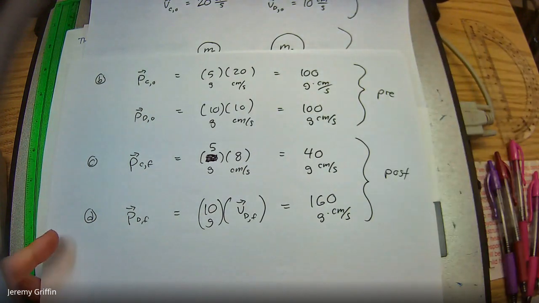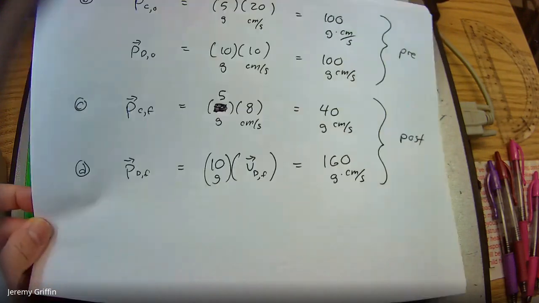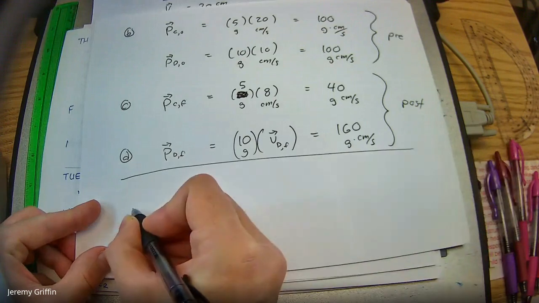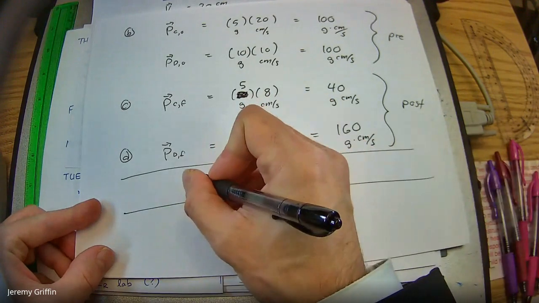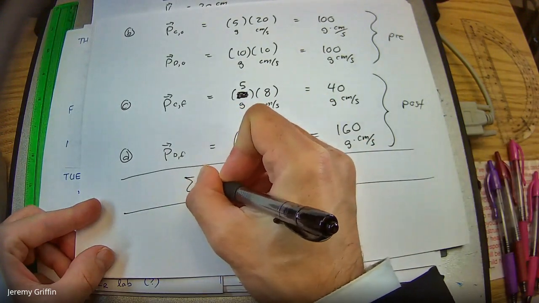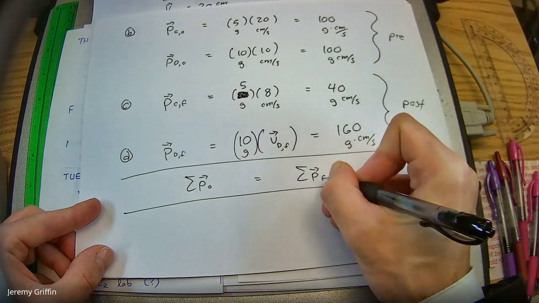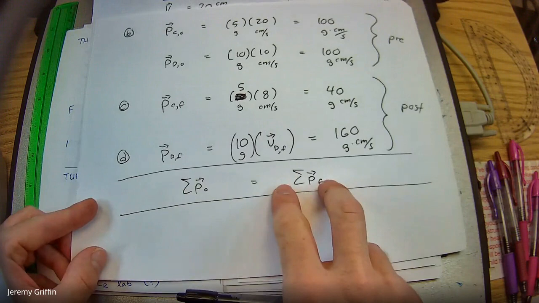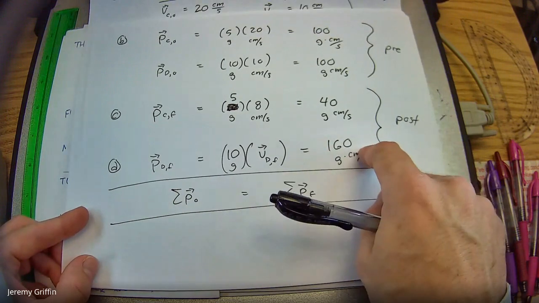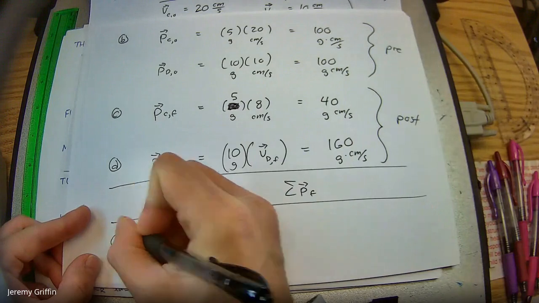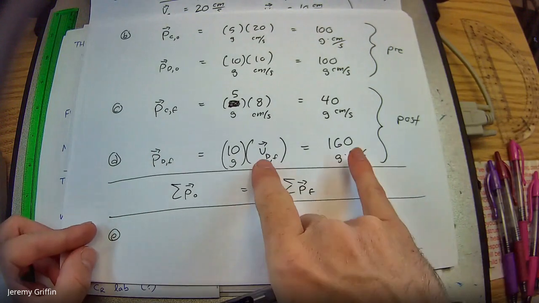You guys get that? Sum of momentum pre-collision equals sum of momentum post-collision. So 200 units equals 200 units. That's how you know this has to be 160, because that plus 40 would bring you up to the original 200. So last question. What is the post-collision velocity of marble D?